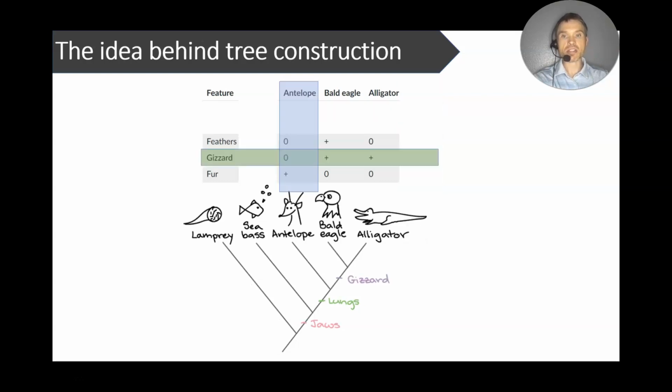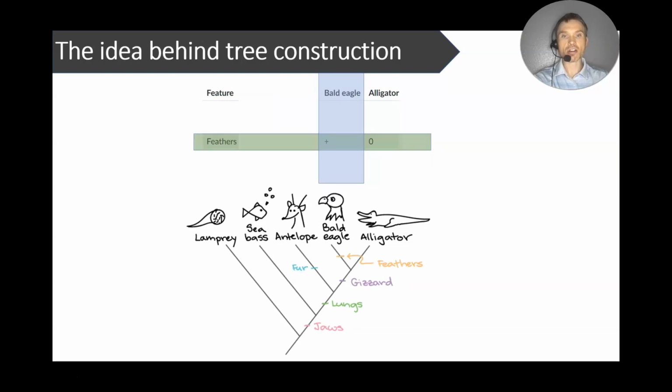Next, what you can see here is that our antelope lacks a gizzard, where the bald eagle and alligator both have the gizzard. So the antelope is the next species that have evolved independently of the bald eagle and the alligator. And you can see how we just finish off the phylogenetic tree accordingly, where the bald eagle and the alligator are separated, where the bald eagle has feathers and the alligator lacks the feathers.